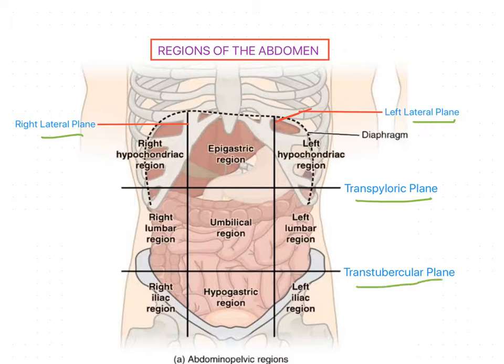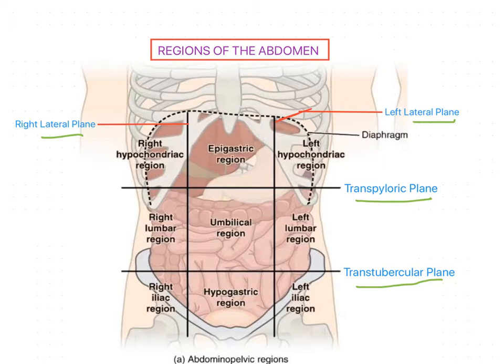The horizontal planes are the trans-pyloric plane and the trans-tubercular plane, whereas the lateral planes are the right lateral plane and the left lateral plane. The lateral planes are the vertical planes, and the trans-pyloric and trans-tubercular are the horizontal planes. Now we will see each one of the planes.